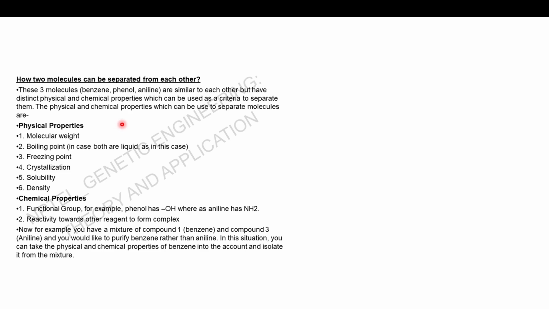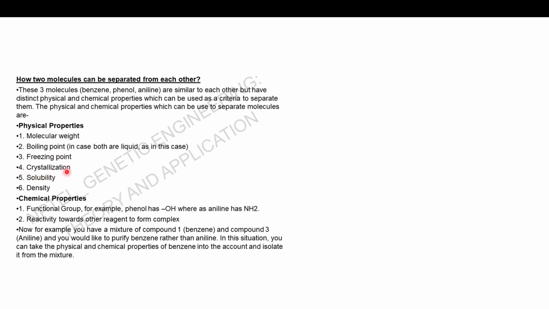So what people do is they play around with the chemical and physical properties of the compounds present in the mixture. The physical properties via which these can be separated are that the molecular weight is different, boiling points are different, definitely boiling points in cases where the sample in question is a liquid.